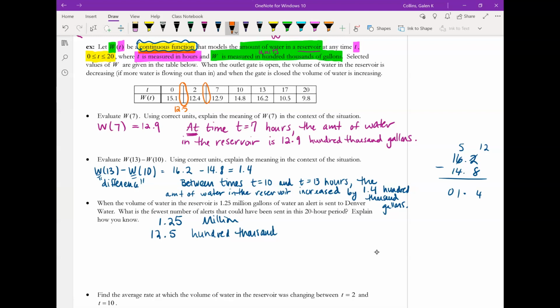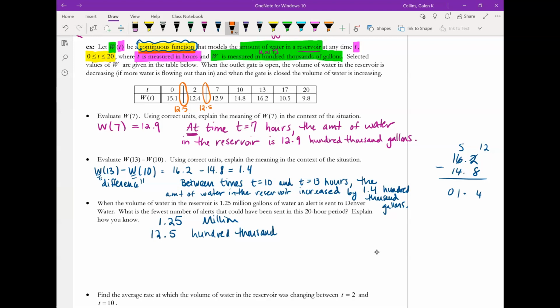And I'm reading this problem again, it says when the volume of water is 1.25 million gallons, which we said is 12.5 hundred-thousand gallons, when that's the volume, an alert is sent to Denver Water. It doesn't say that when we drop to that volume or below, it just says when it is that volume. So I know somewhere between t equals 2 and t equals 7, I'm going to have to hit that 12.5 mark again.